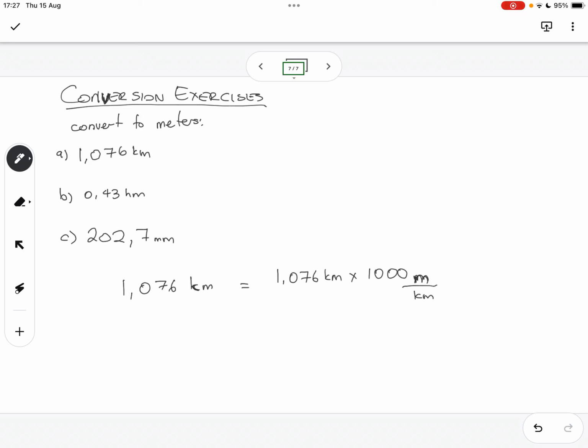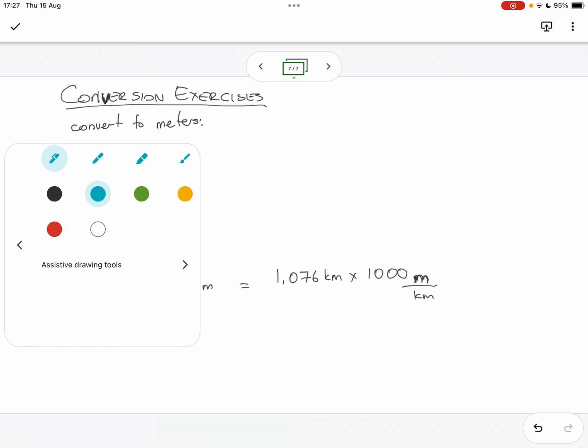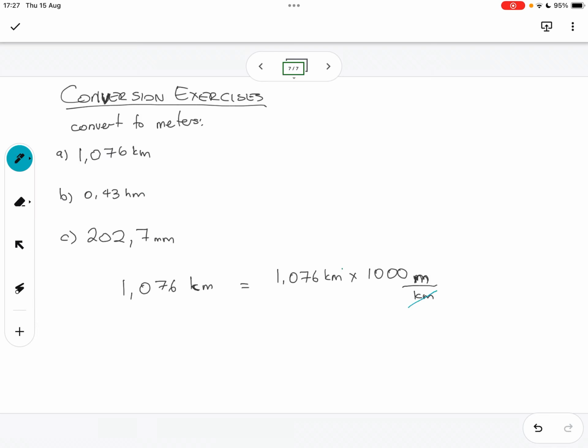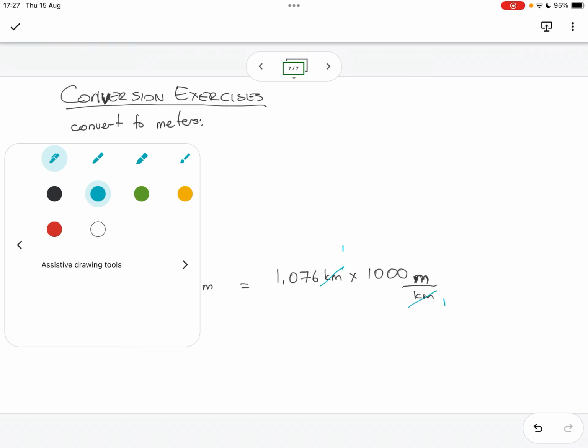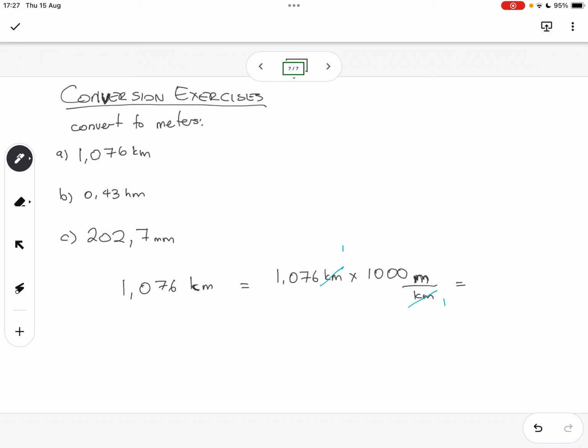Like I put here, 1.076 kilometers times 1,000 meters per kilometer. This gives us a multiplicative inverse, where the kilometer divides the kilometer out to give 1, and we're only left with the unit of measurement, meter. So this would be 1.076 times 1,000. That means the comma shifts 1, 2, 3 times, and that leaves us with 1,076 meters. So that's how we convert it.